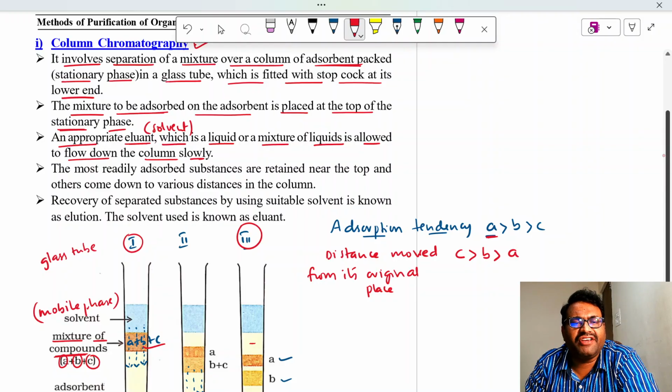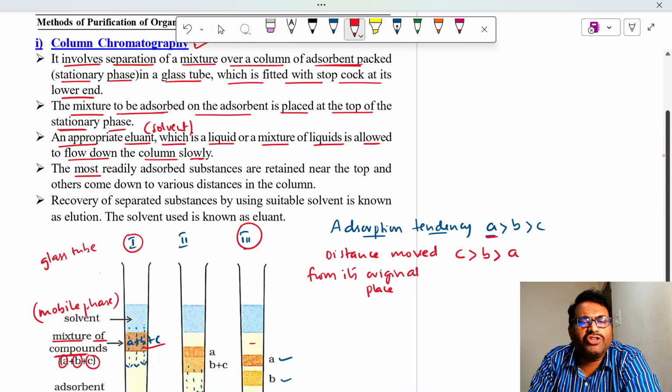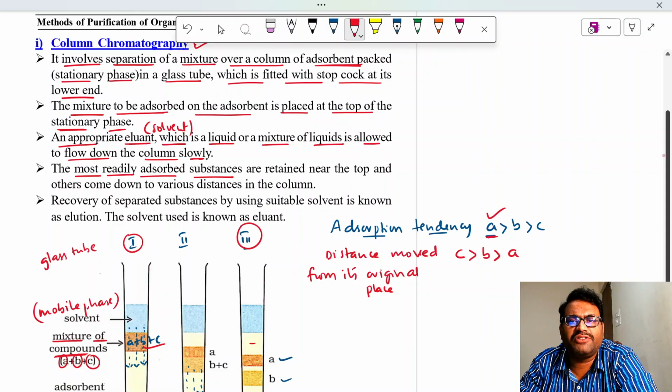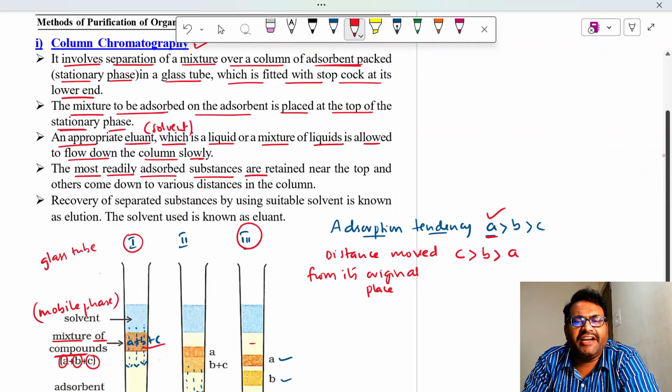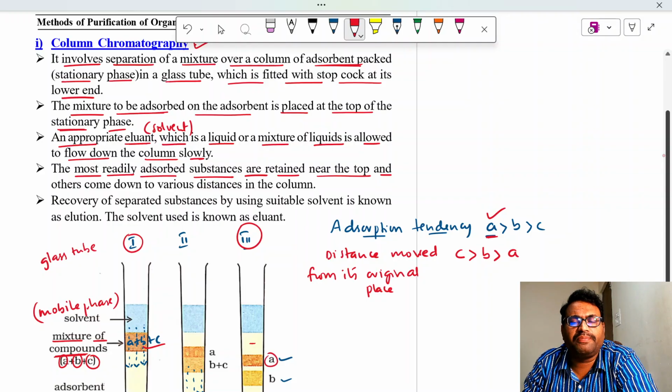over the stationary phase. The most readily adsorbed substance, which is the most readily adsorbed substance? A is retained near the top. See, here A is at the top because it is more adsorbing on the stationary phase. So it is readily attached, quickly attached.